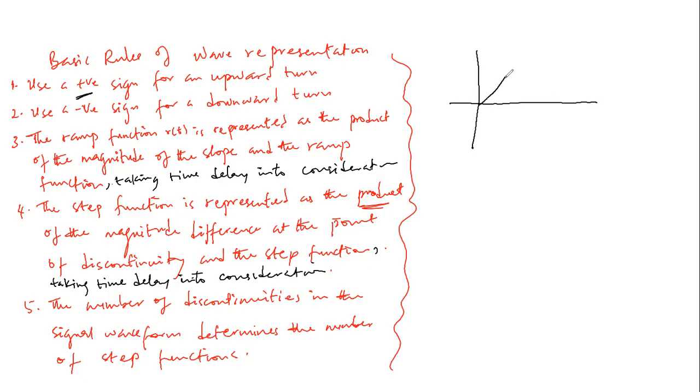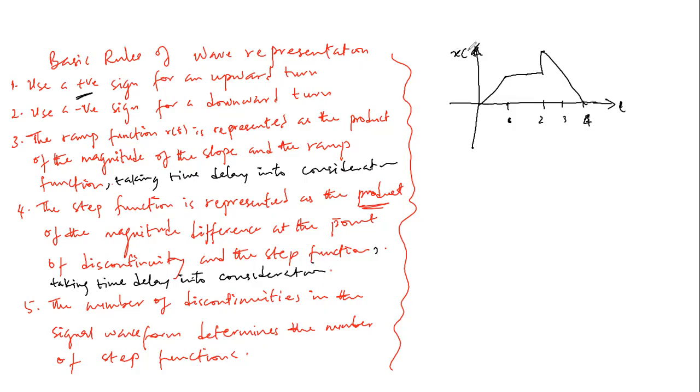So we have something like this, and something like this. So let's say this is 1, this is 2, this is 3, this is 4. Well, this is not to scale anyway. Pardon my funny looking graph, or waveform rather.